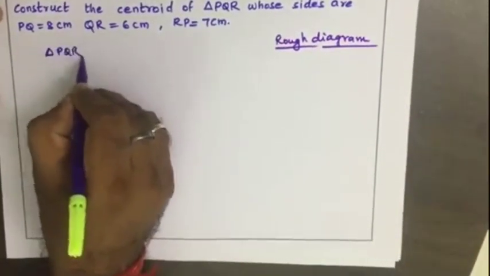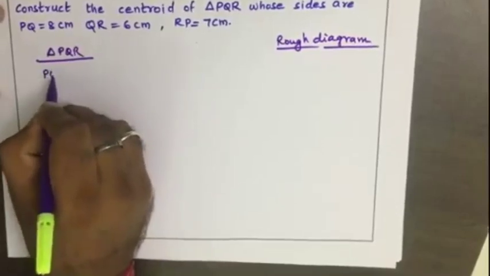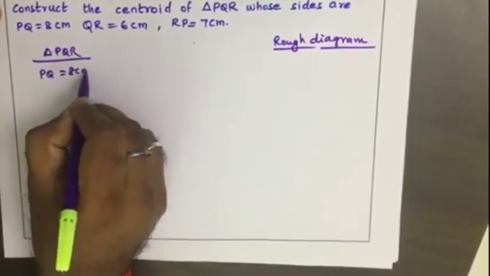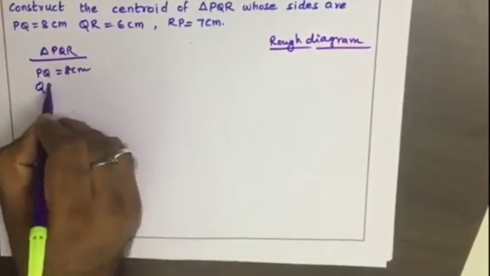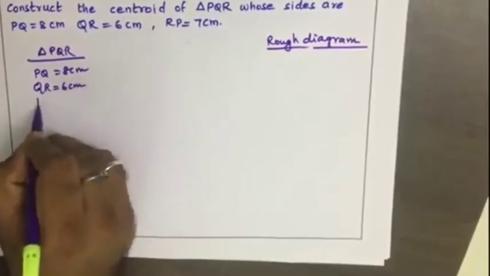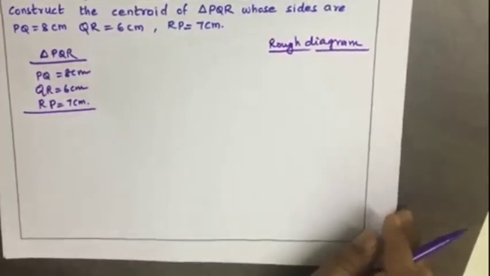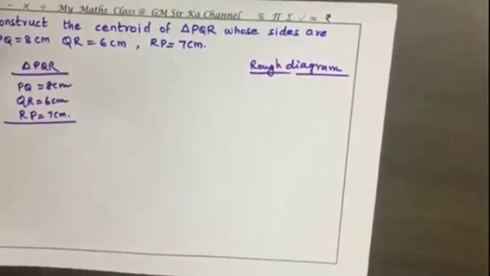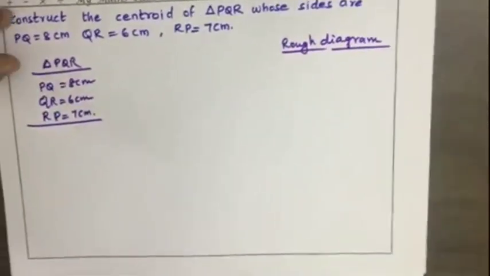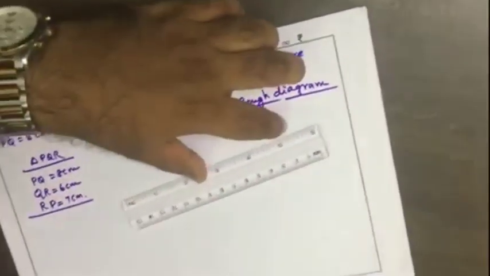What are the given values? Triangle PQR, PQ equal to 8 cm, QR equal to 6 cm, RP equal to 7 cm. Now draw a rough diagram.